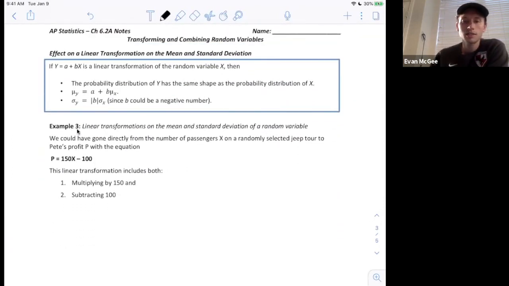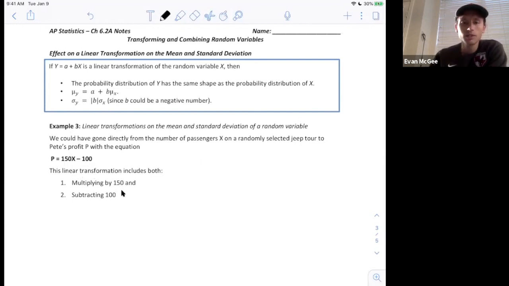For this linear transformation, we converted Pete's number of passengers to his revenue and then used his revenue to find his profit. But we could have found his profit straight away if we multiplied the number of passengers, X, times 150, and then subtracted the 100.